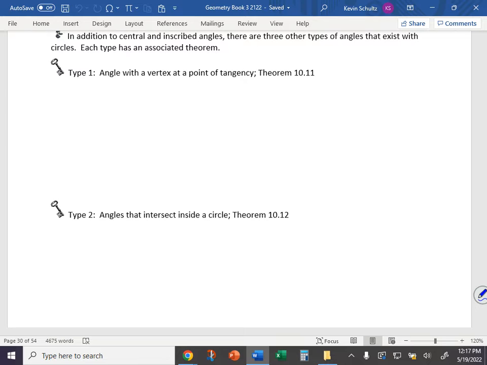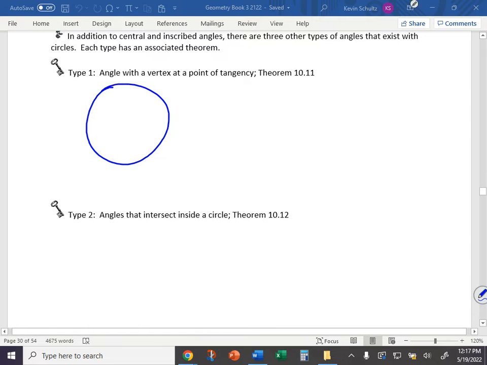Okay. The first type. An angle with a vertex at a point of tangency, and this is theorem 10-11. What this is going to look like is basically, you'll have a point on the circle with a tangent line, ray, segment, or whatever going out, and then a secant ray, line, segment going up.